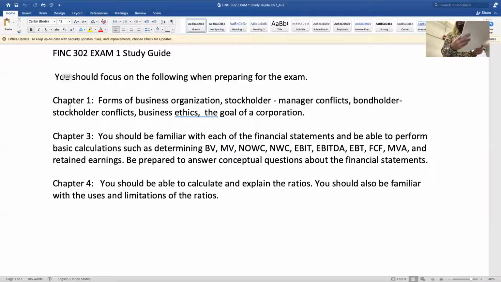Okay, and just be familiar with the cash flow statement. There are 3 sections: cash flow from operations, cash flow from financing activities, and cash flow from investing activities. Be familiar with what each of those means and what they could contain.